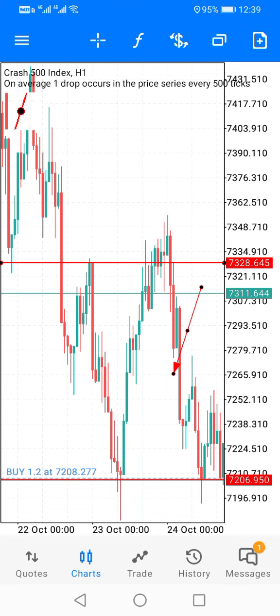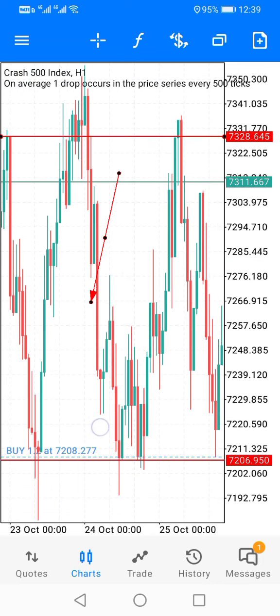So for me, I'm seeing it's a change of structure. When it came down like this, I knew that when it comes to this order block, it's going to test it, and if you place a buy here earlier, you're going to eat until this zone, this horizontal line, and take your profit.